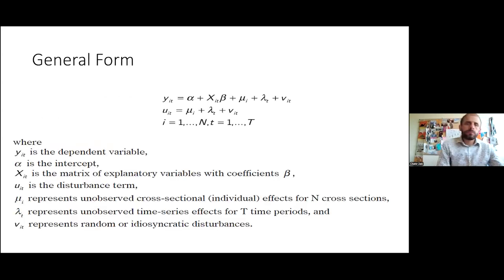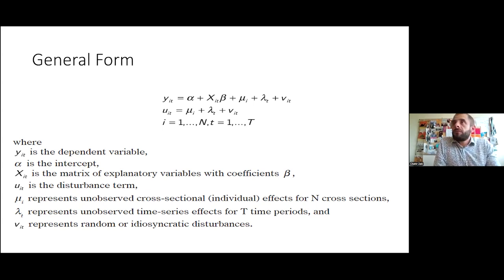Okay, so this is the general form. We have a dependent variable y that is observed for individual i in time t. This variable is regressed on, or depends on, several independent variables x, observed also for individual i in year t. Then we have the error term v_it.